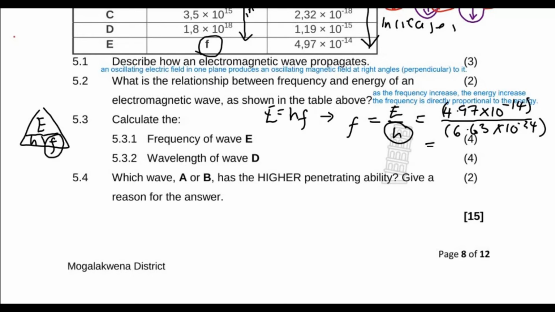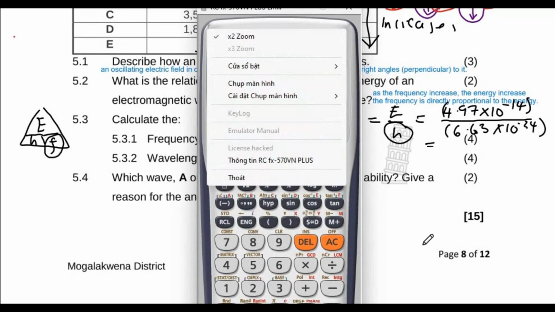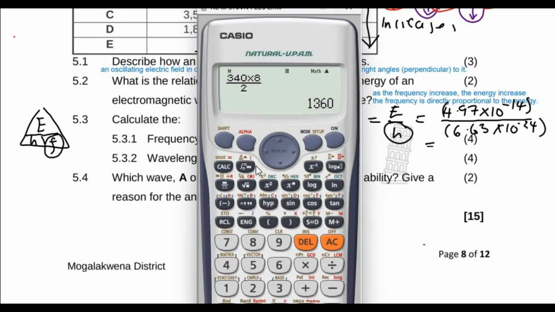So we have a bracket, 4.97 multiplied by 10 raised to the power of minus 14, divided by 6.63 multiplied by 10 raised to the power of minus 54.